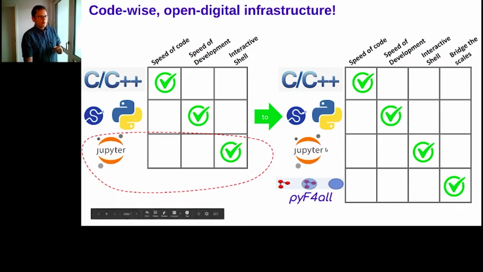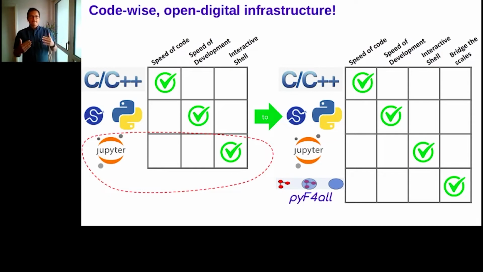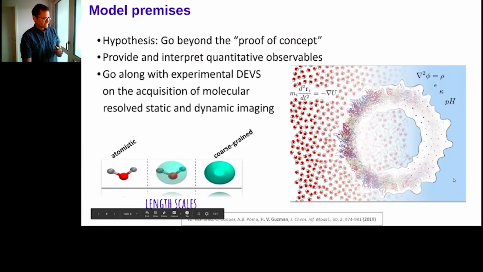So we would like to build on top of this amazing stack we have already, this open digital infrastructure, a multiscale package, bridging the scales, which is Pi for all, which will allow us to perform and interoperate between different resolutions in the molecular simulation world.